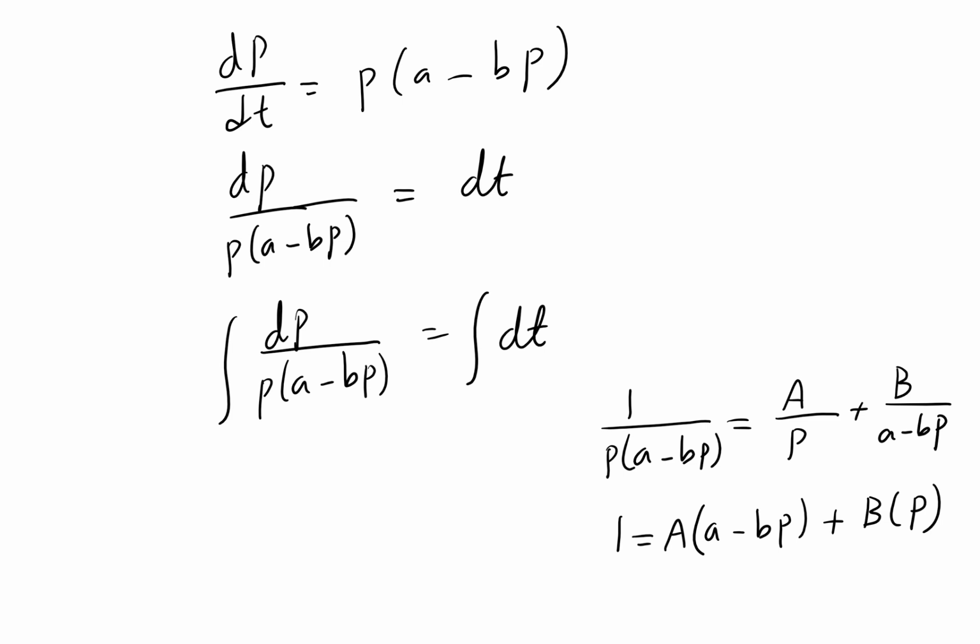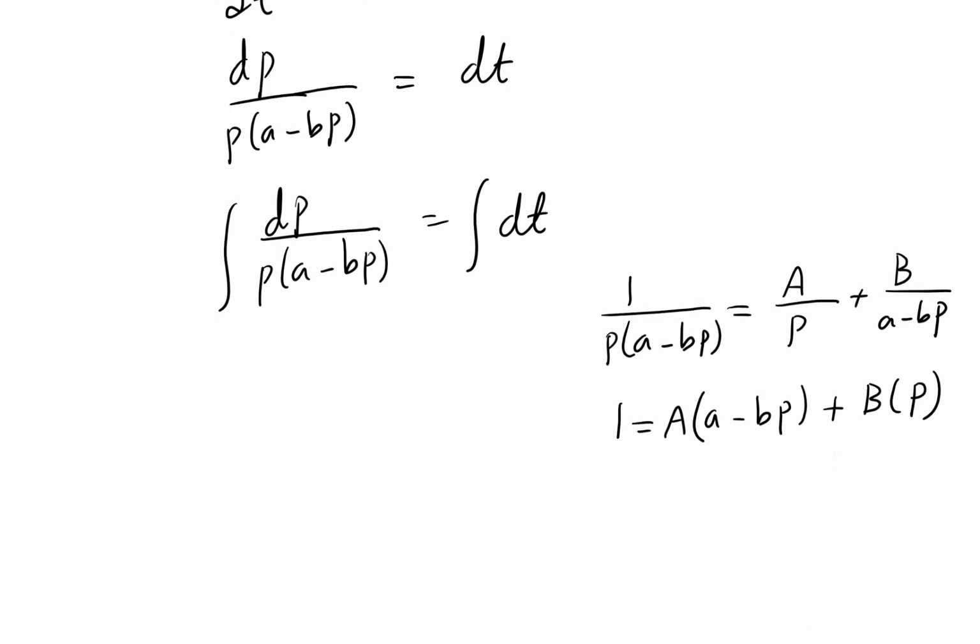What's the easiest way? Set P to 0. Yes. We get 1 equals, the second term is gone, A times a. So capital A is 1 over small a.